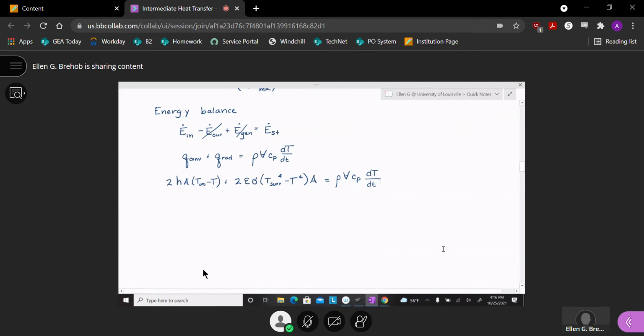We want to get rid of these areas because no information was given on that. So I'm going to divide through by 2A, 2A, and 2A.